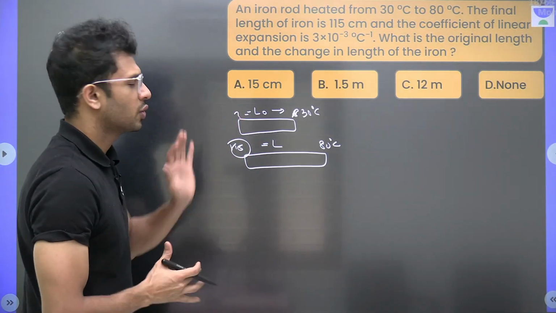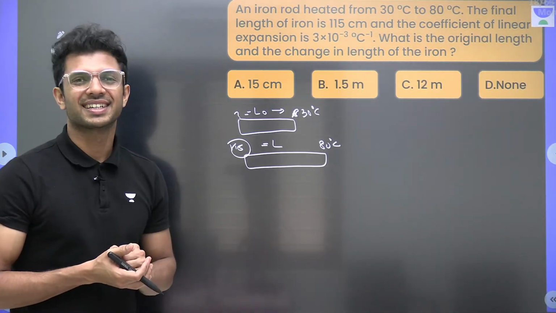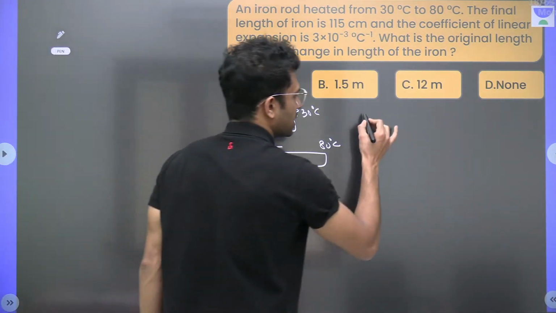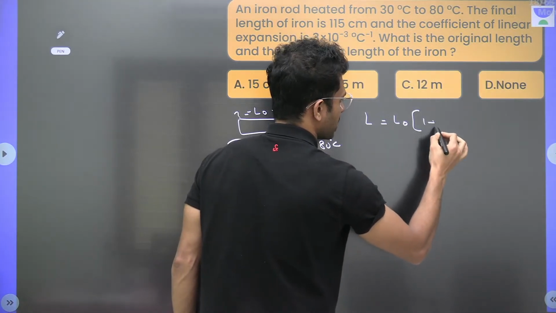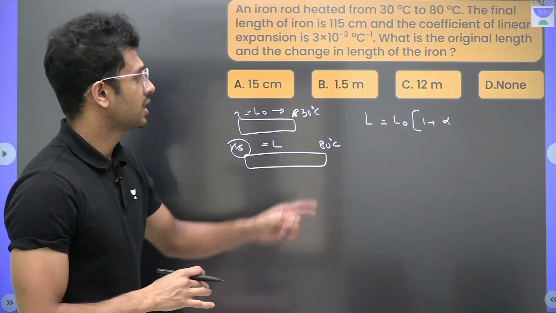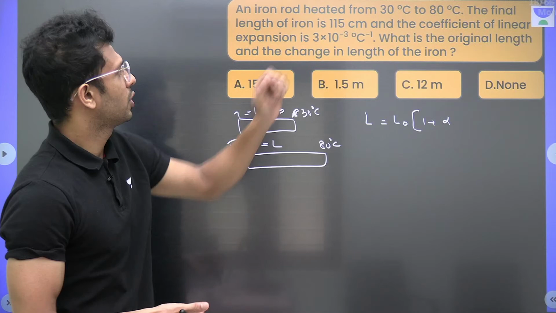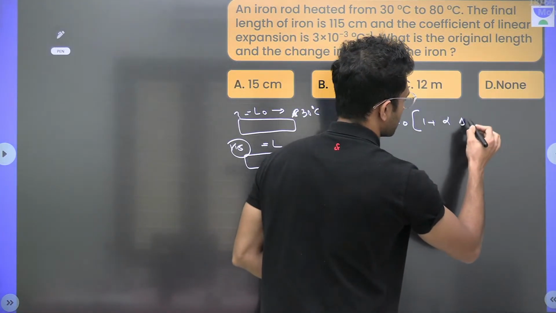Okay, so we should write the formula connecting these. Who remembers the formula which connects all these things? Simple. The new length L is equal to L0, the initial length, into 1 plus alpha, the coefficient of linear expansion, into the change in temperature.